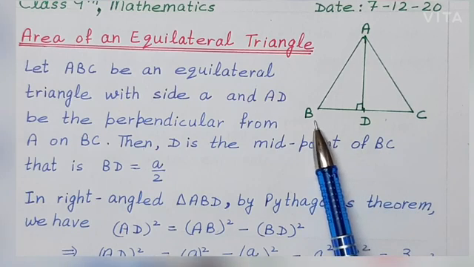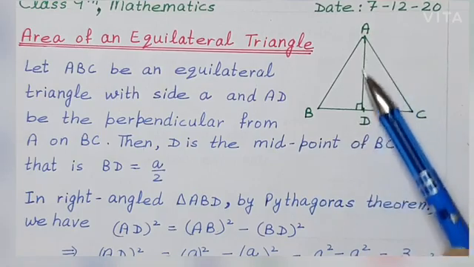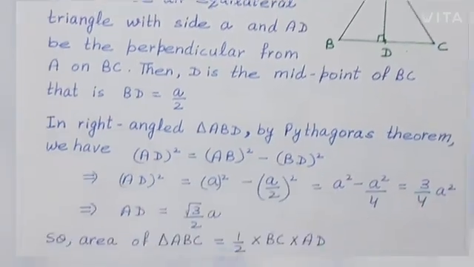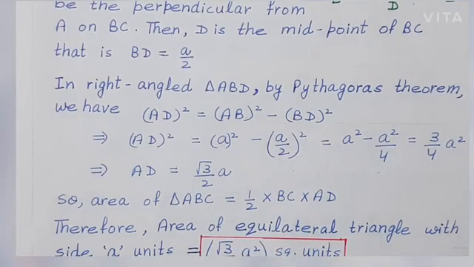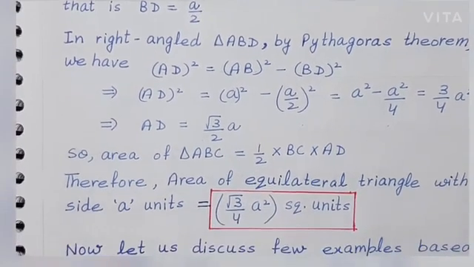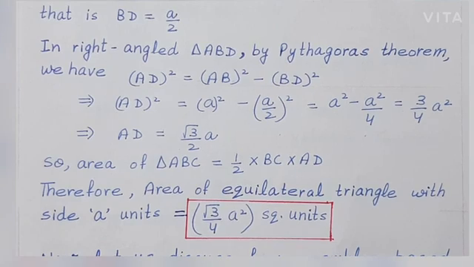We have assumed BC as a and AD we have just calculated as root 3 upon 2 a. So the area of an equilateral triangle is root 3 upon 4 a square. I hope it is clear. So students, we can directly use this formula whenever an equilateral triangle is given to us.